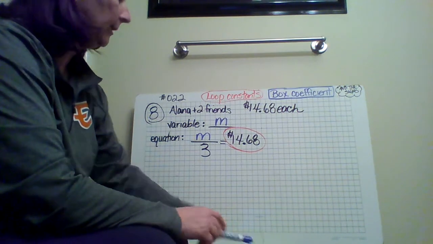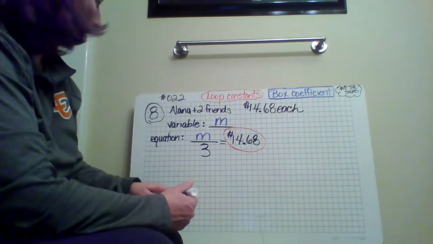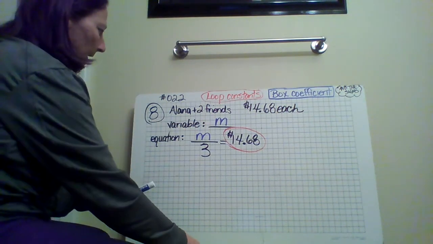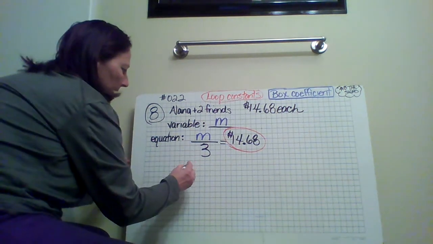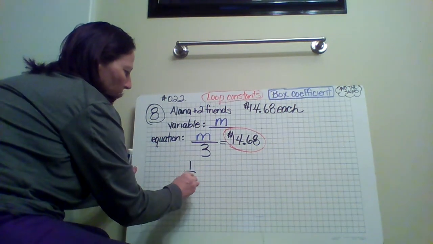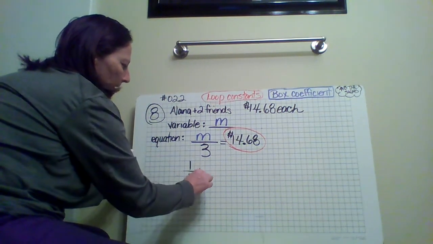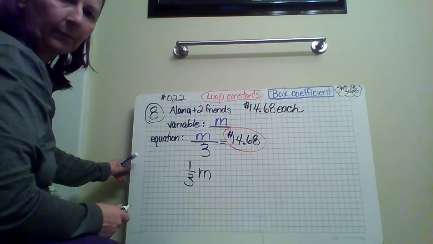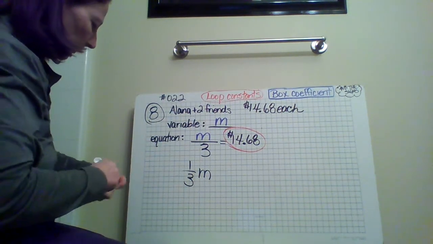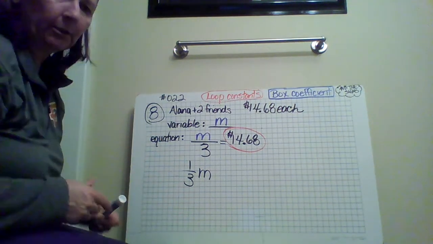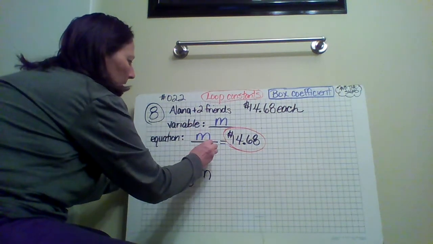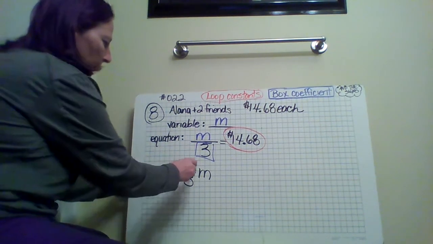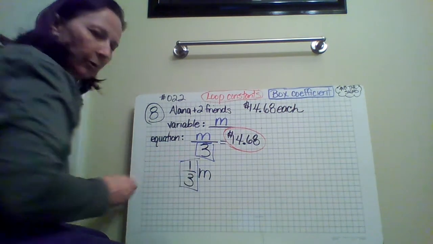It actually is a coefficient. So m divided by 3 is actually the same thing as 1/3 times m. Both of those mean exactly the same thing. So we're going to box the 3. If we also did it this way, we would box the whole 1/3.